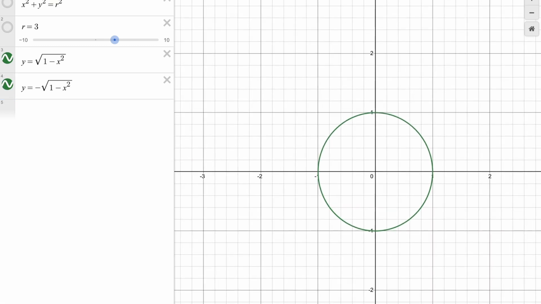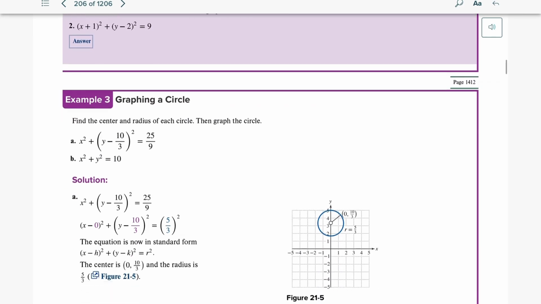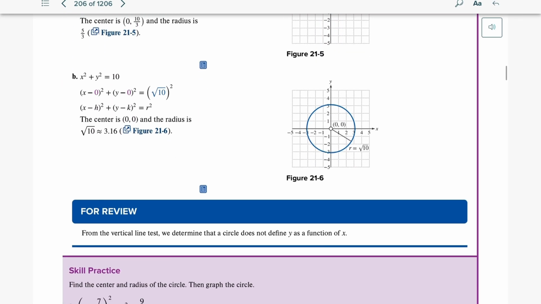Isn't that pretty cool? So what I just showed you was a tool. And you can practice using that tool, and that's the Desmos graphing calculator. It's free, it's online. And you can actually graph this and see how it looks up close and personal. Okay? So just use the examples, read through, read the book.